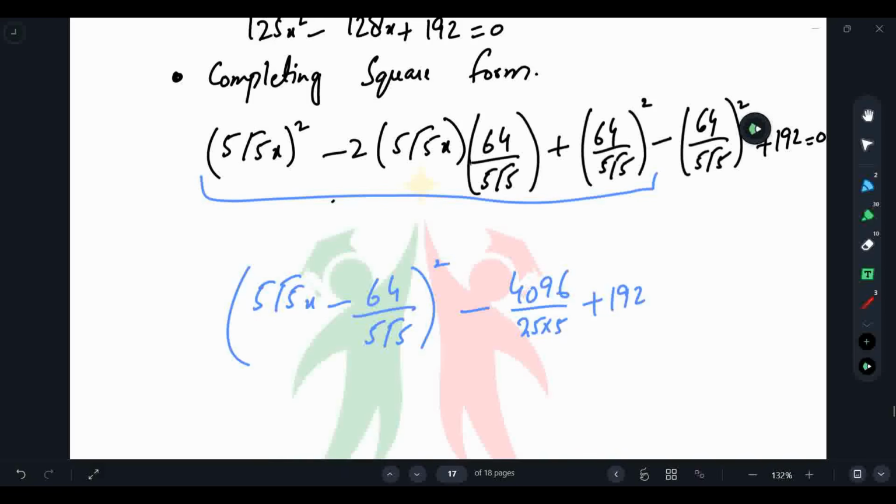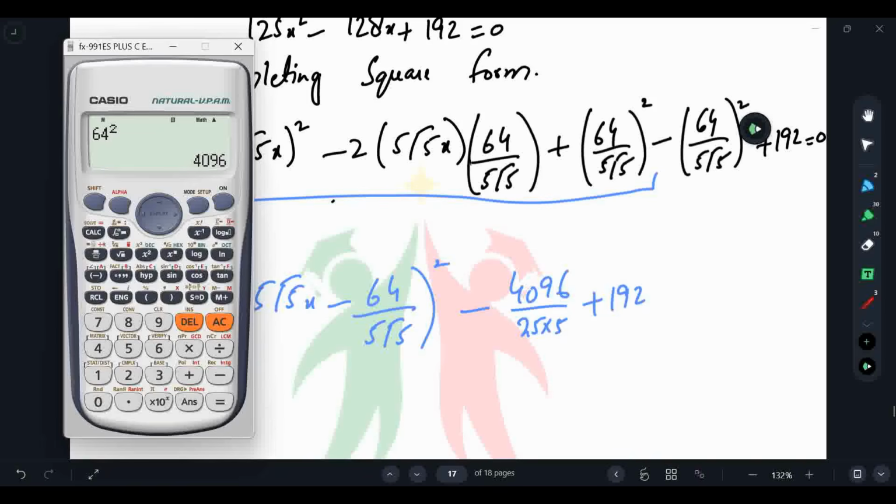So let me check again that this will be divided by 125. 192 minus 4096 divided by 125.